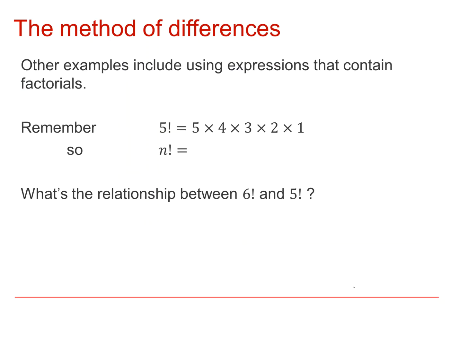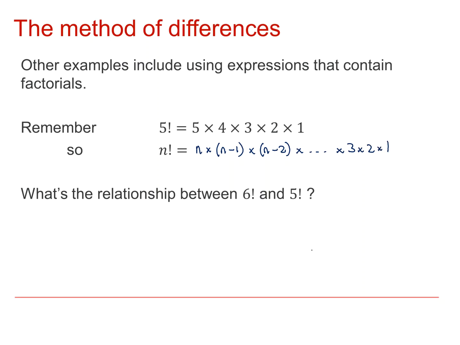Sometimes the examples will use factorials. Remember that 5 factorial is 5 times 4 times 3 times 2 times 1, so that n factorial is n multiplied by n minus 1 multiplied by n minus 2, all the way down to 1.